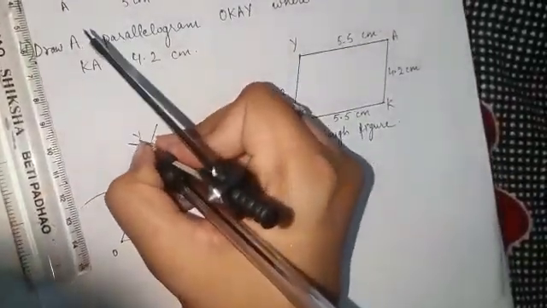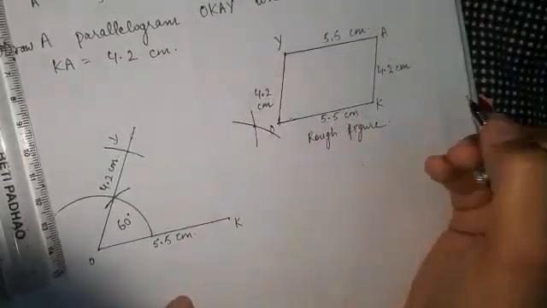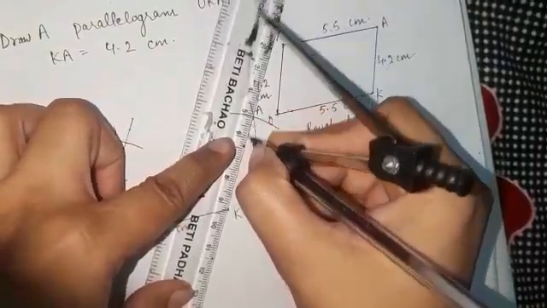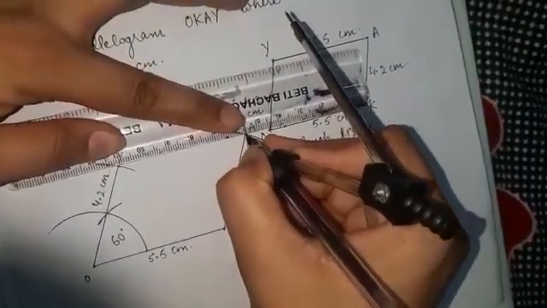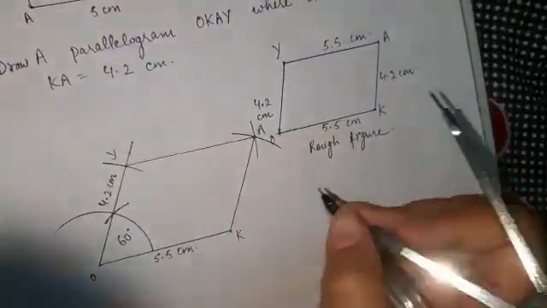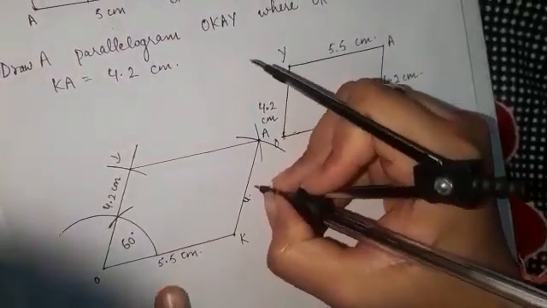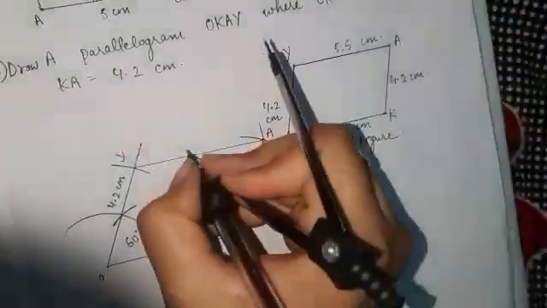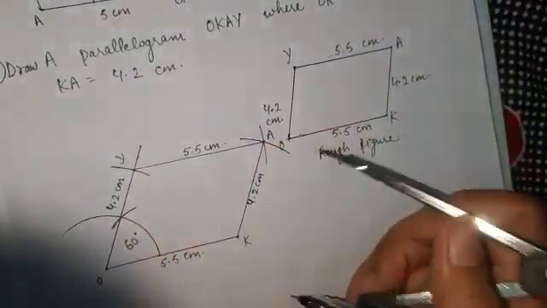This point is Y, and where these two arcs intersect, this is our point A. Join AK and then join AY. So this is the required parallelogram where one side is 5.5 and its adjacent side is 4.2 centimeters.